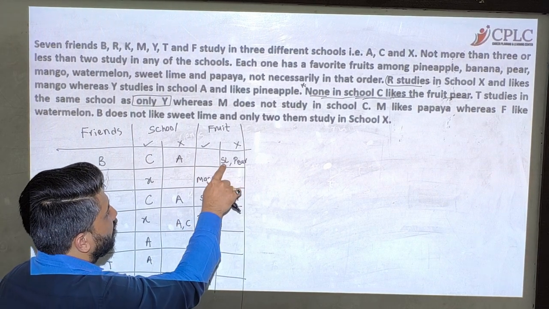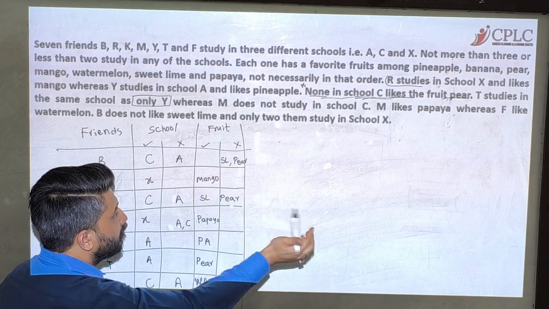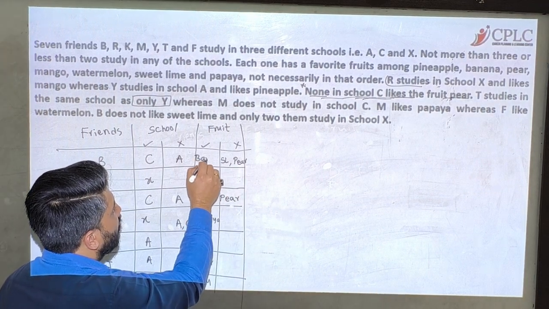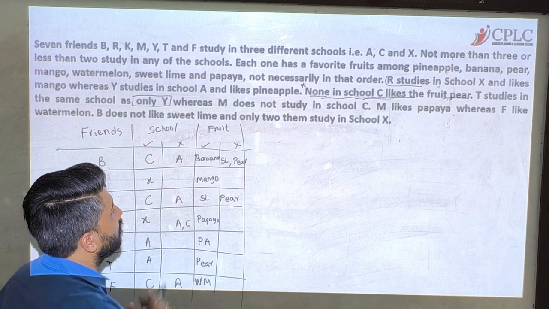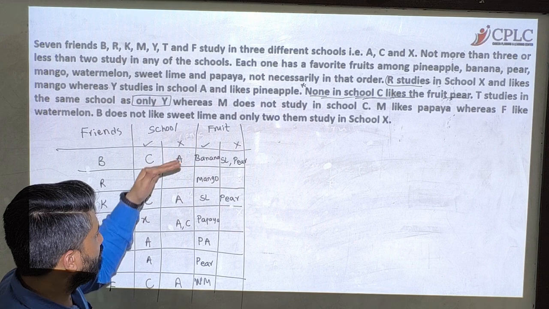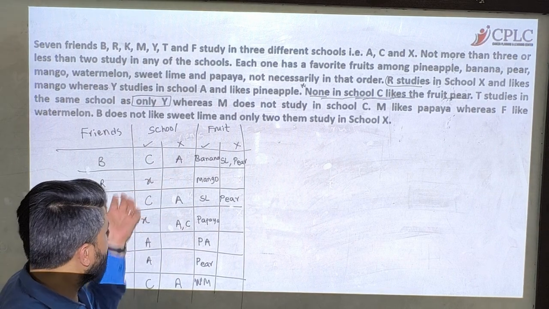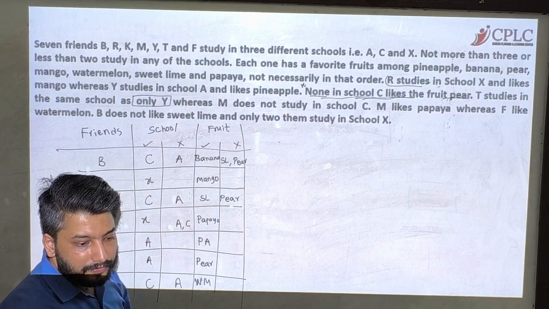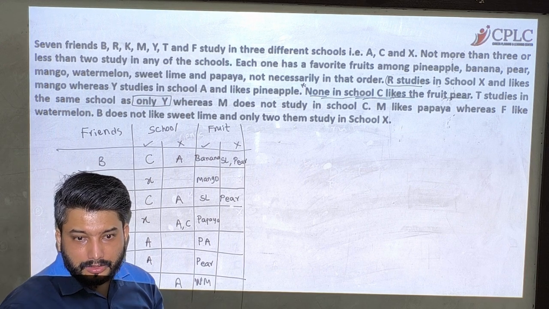And the third person doesn't like sweet lime or pear, so the last one left is banana. So B should like banana. So this is how we can figure out everyone's school and everyone's fruit also.